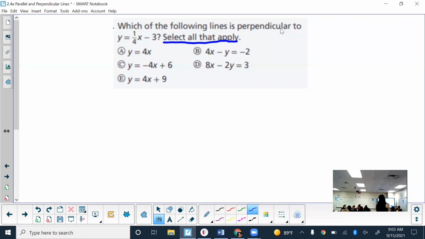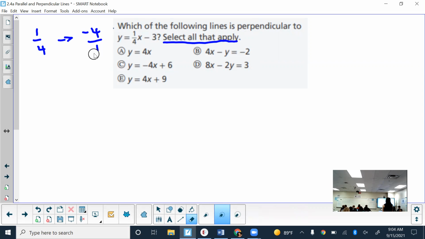So first, since it's perpendicular, what should the slope be for my other line? It was 1/4 in the given line. -4/1, or just -4. All right, because they're negative reciprocals if it's perpendicular, right?